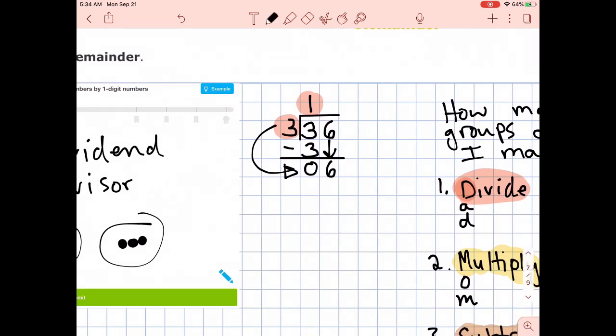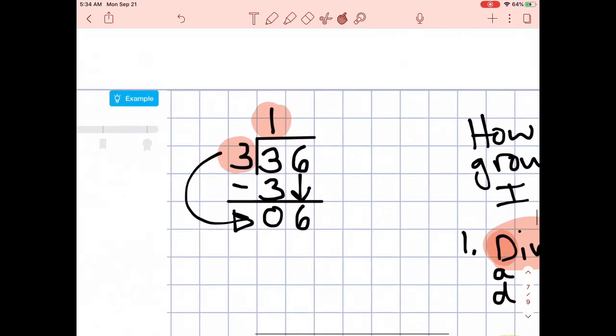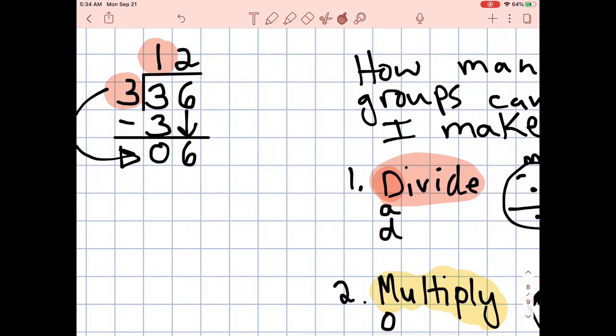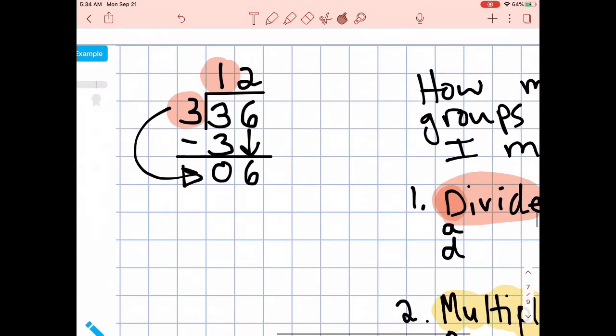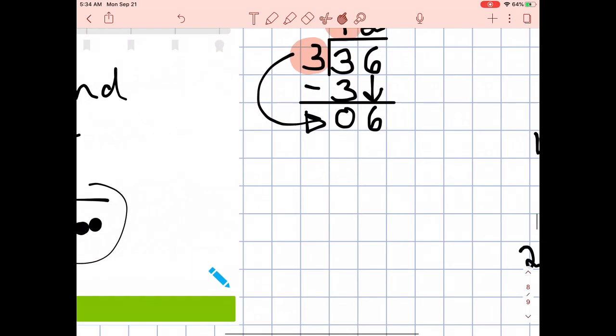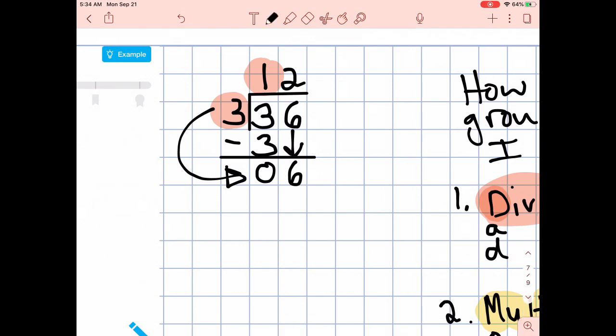So my quotient, my answer here, would be 2 groups of 3. Okay, how many groups did I make? I made 2. Quick, write down your answer before you forget. There we go. Next up is multiply. What is 3 times 2? In other words, how much is there that I grouped up? Let's find out. Well, 3 times 2 is 6.